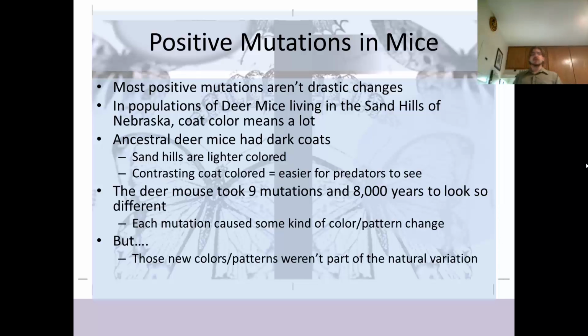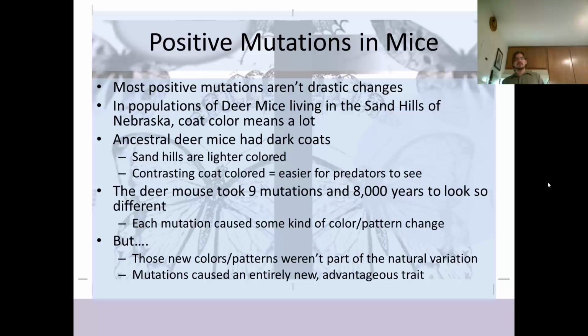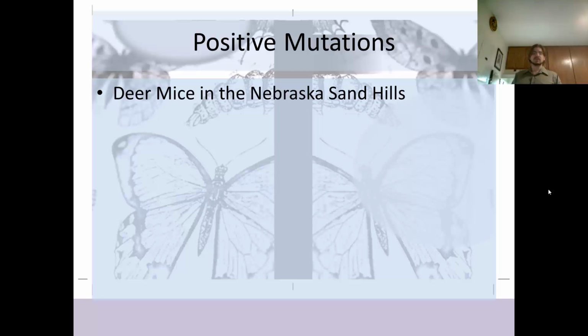So those new color patterns weren't part of the natural variation. So even though they didn't cause a big change, they still gave natural selection something new to work with, something that wasn't in the population before the mutation occurred. And so those mutations managed to cause an entirely new advantageous trait.